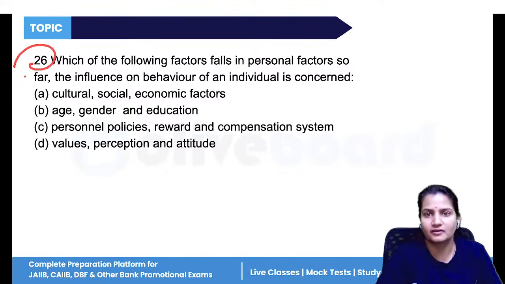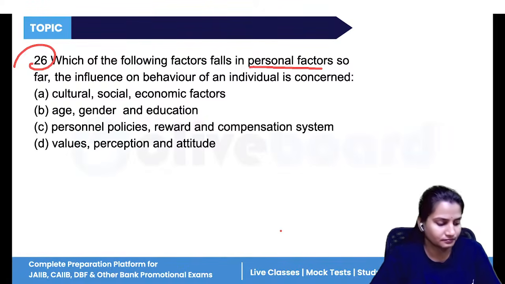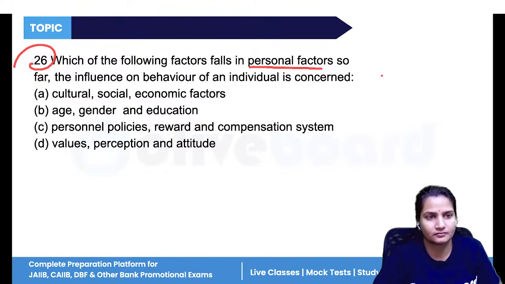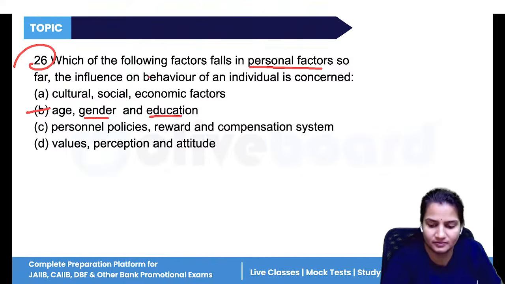Which of the following factors will fall under personal factors? There are different factors that affect the feedback of the employees. Personal factors include age, gender, education.